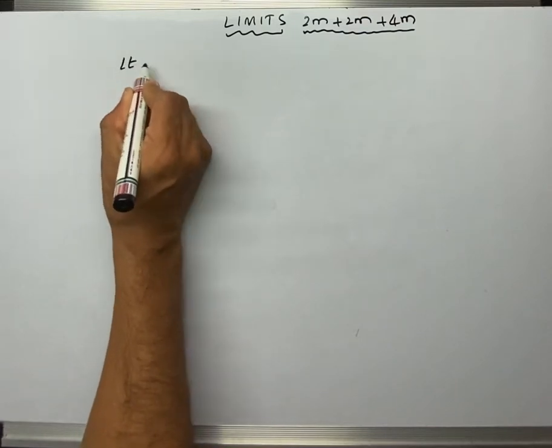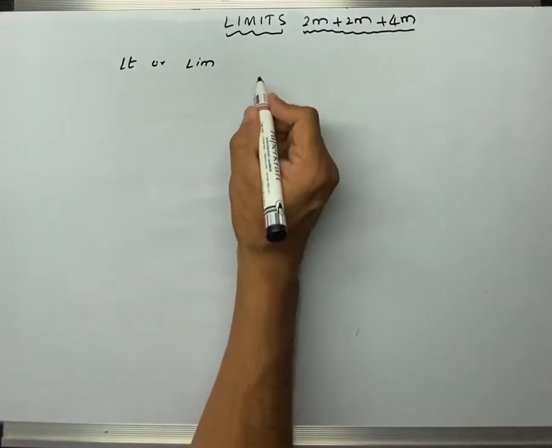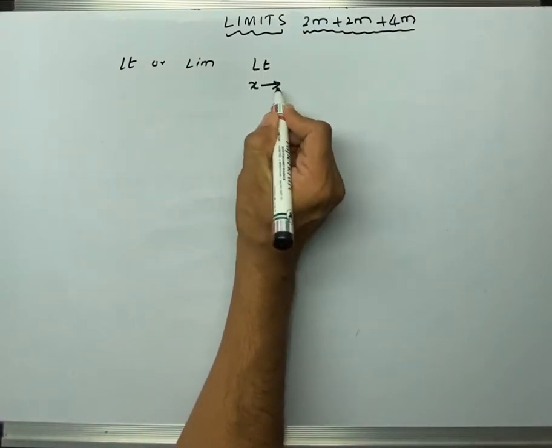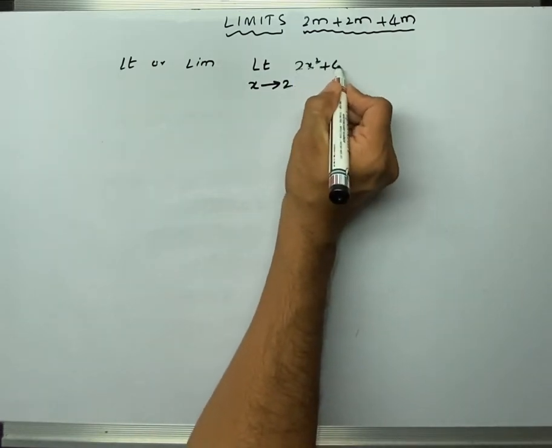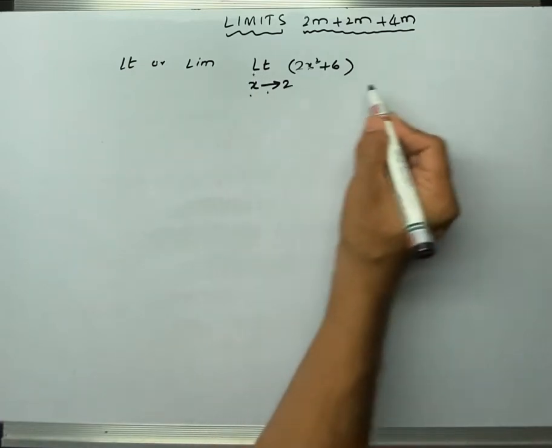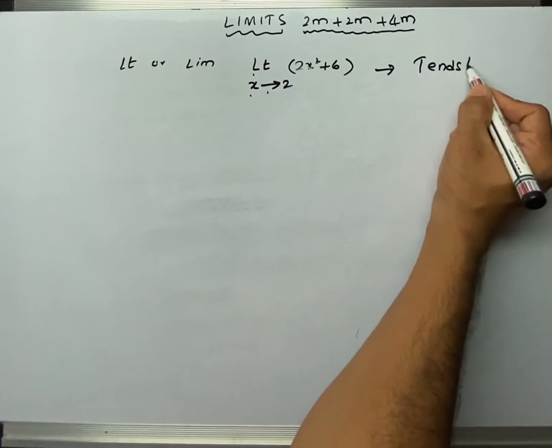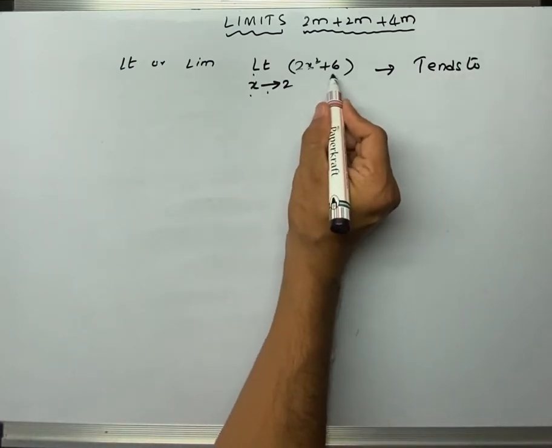What you need to remember is LT or LIM. If LT is there, with X and this arrow mark to 2, and any function is given to us, it means limit X tends to 2. How to solve this one? Limit X tends to 2, 2x square plus 6.